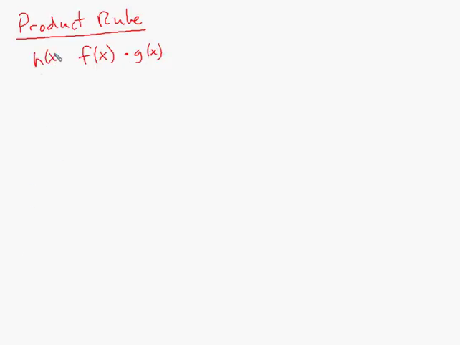So let's say our function is h of x. I have the product rule written on the board over there. If I want the derivative of this, I'm going to first take the derivative of f of x and multiply it by g of x. Then I'm going to add to it f of x times the derivative of g of x. So I do them in two different pieces.